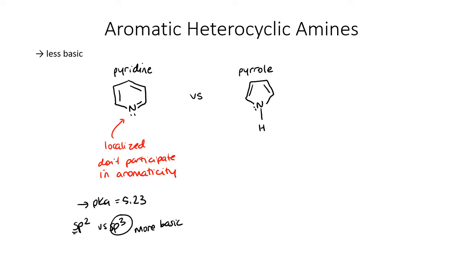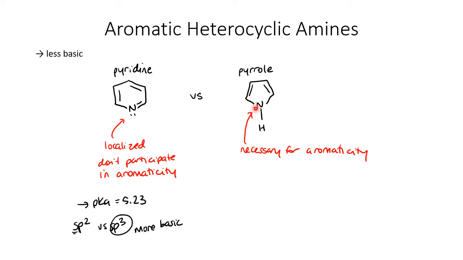Now in pyrrole, these lone pairs are absolutely necessary for aromaticity. Without them, the molecule would only have 4 pi electrons, and we need to follow Huckel's rule in order to have 6 electrons in order for the ring to be aromatic.